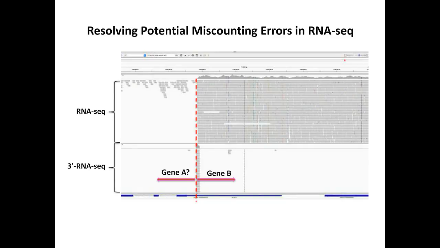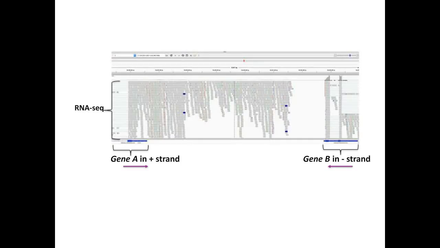So we need to look at another tissue to see where this gene is expressed higher. We are going to look at another example where both genes are expressed higher. In this case, we have the same scenario, with gene A on the plus strand and gene B on the minus strand, and we also have all these reads in this area.